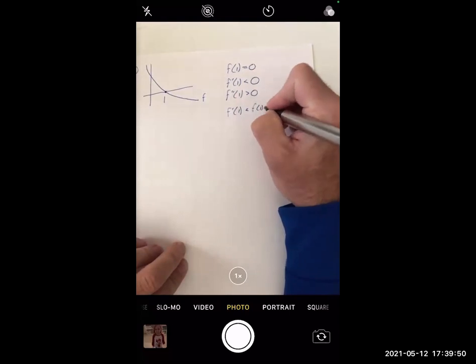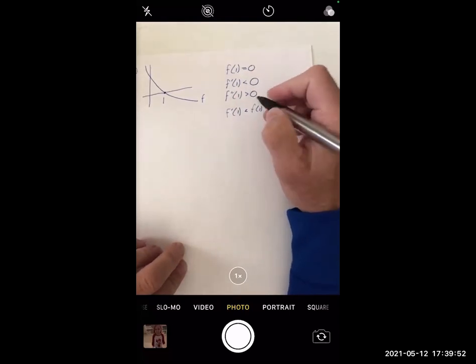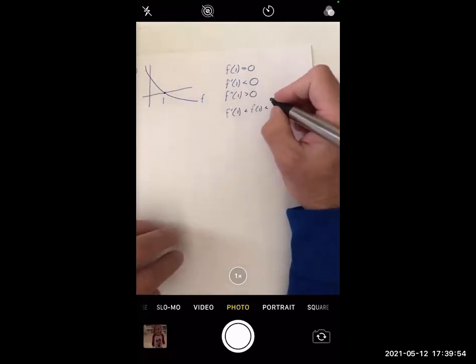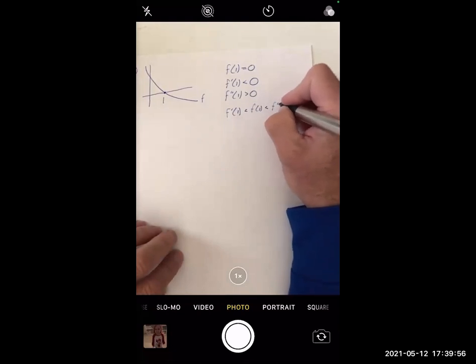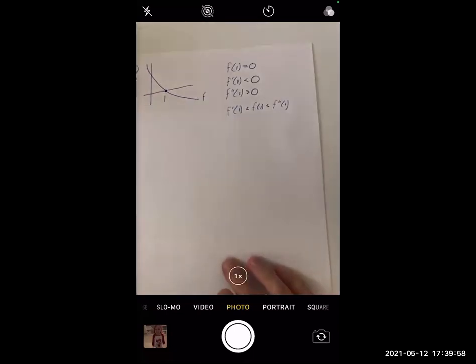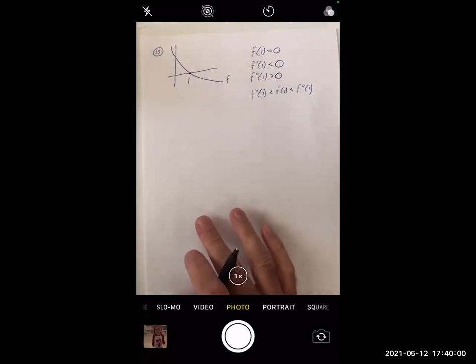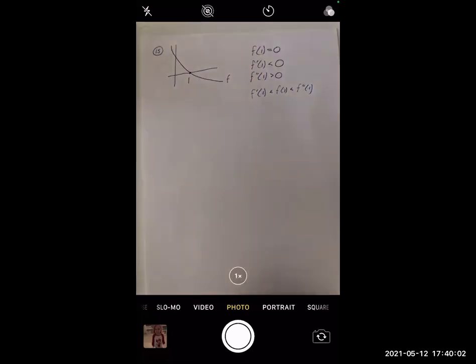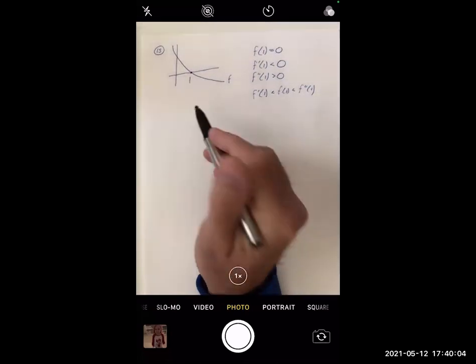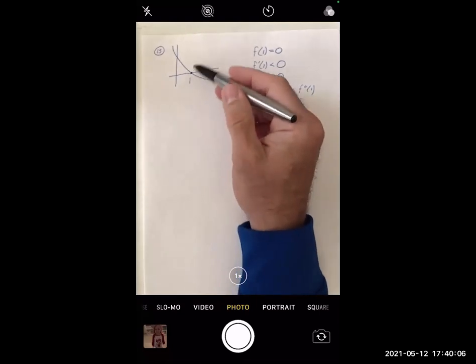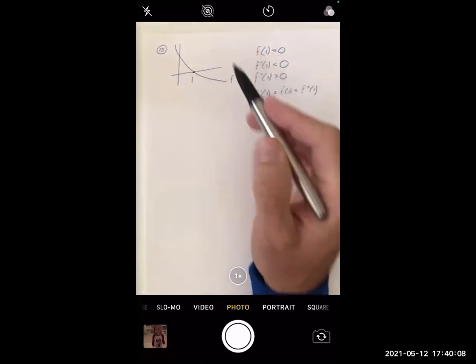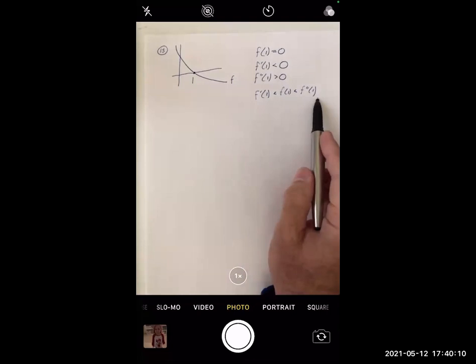The function value is in the middle because it's 0. And the second derivative is the biggest because it's positive. The other versions were real similar. I think in the other one, the curve was upside down, which flipped this around.